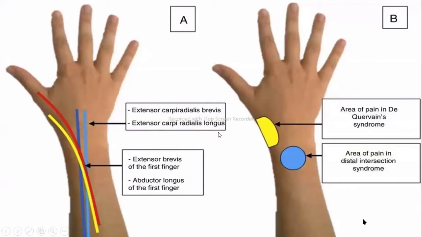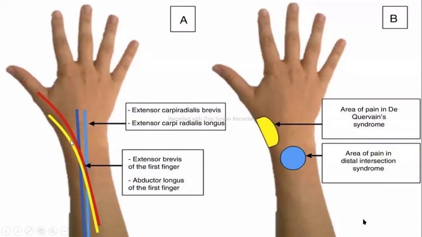Also non-traumatic, our chapter today, so think about two syndromes. This one is in the anatomical snuffbox: de Quervain syndrome. The other one is an area of pain, distal intersection syndrome.